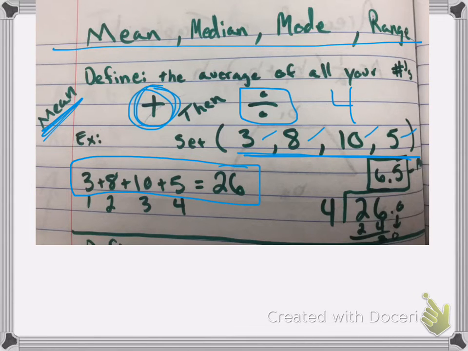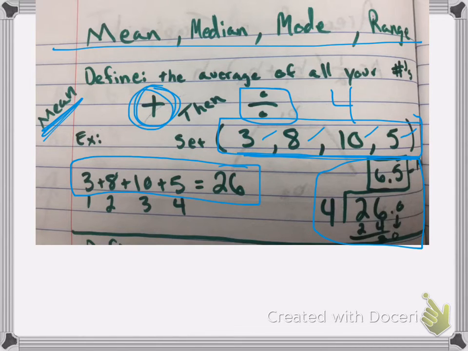I took 3, added 8, added 10, added 5, and I got 26. Then after I added them together, I divided by 4, and the average of these numbers is 6.5.